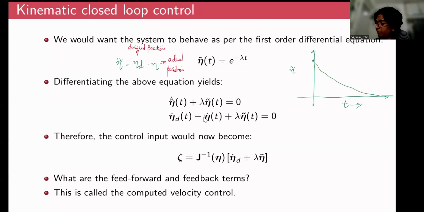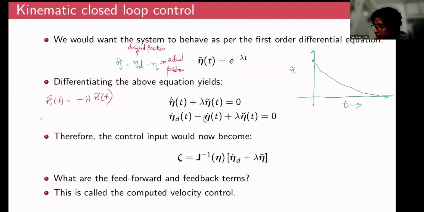Right? So if you differentiate this equation, you will get eta tilde dot of t as minus lambda e raised to minus lambda t. And this e raised to minus lambda t is nothing but eta tilde of t. So that becomes minus lambda multiplied by eta tilde of t.